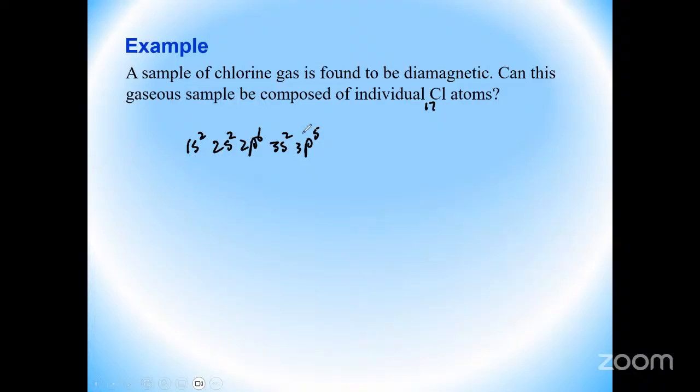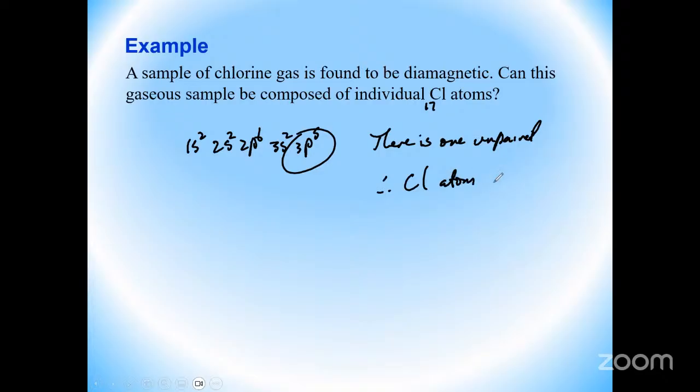Now remember, within the p sublevel there are 3 orbitals, and if you have 5 electrons distributed among 3 p orbitals, that means there is 1 unpaired electron. If there's an unpaired electron, that means that the chlorine atom is paramagnetic.